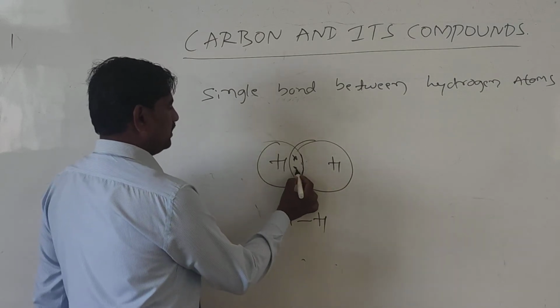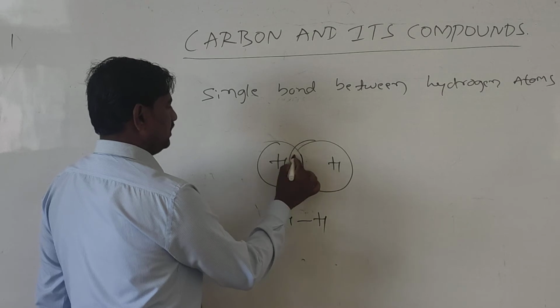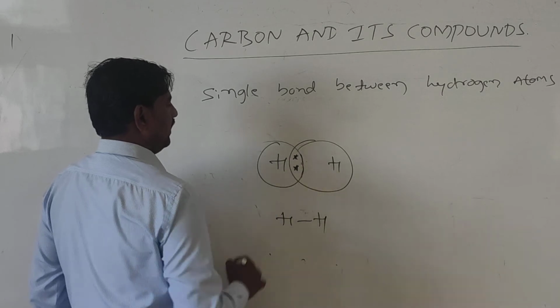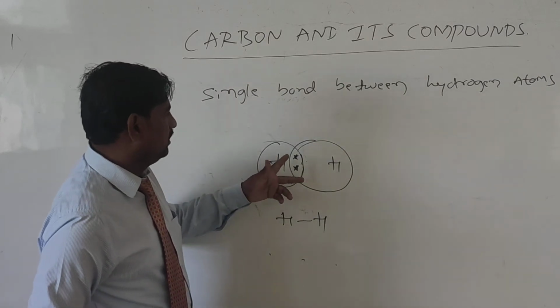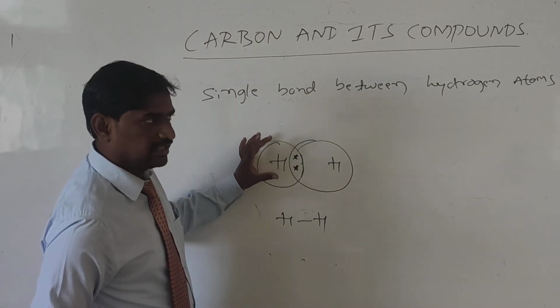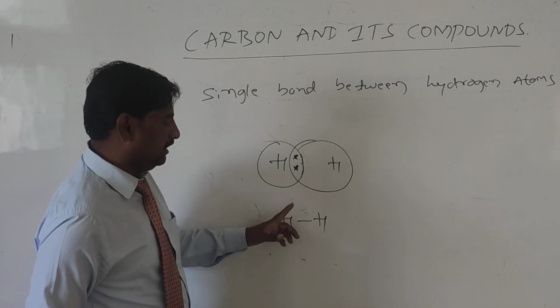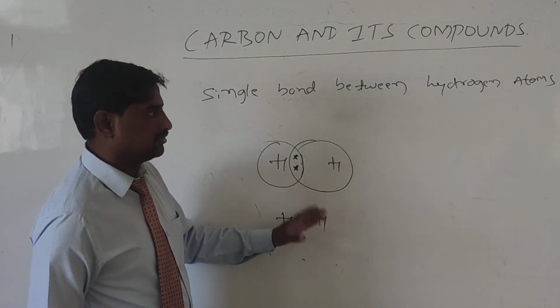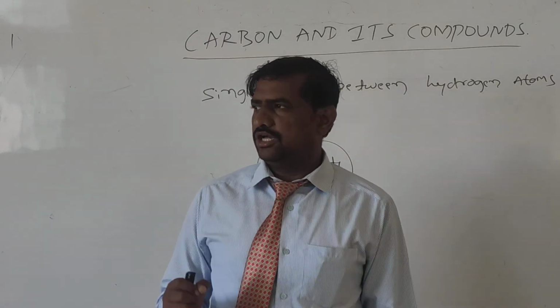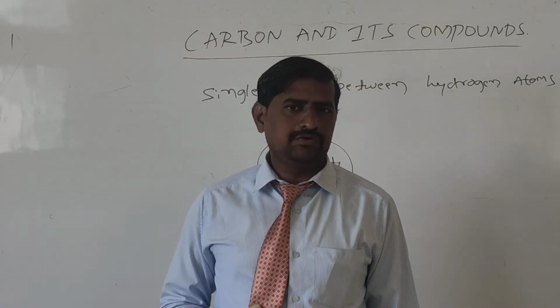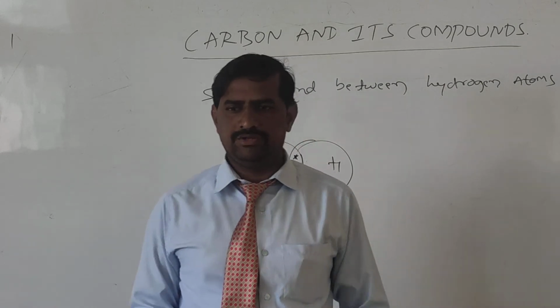These two are sharing electrons, each hydrogen atom sharing one electron, so one pair of electrons is shared. This is called single bond formation, or single covalent bond formation.